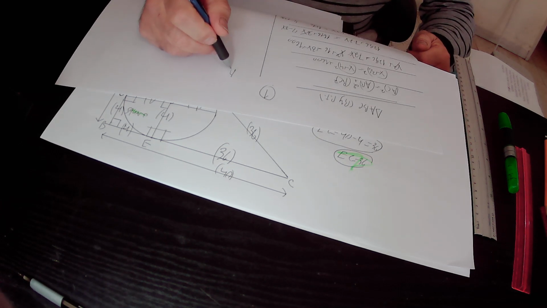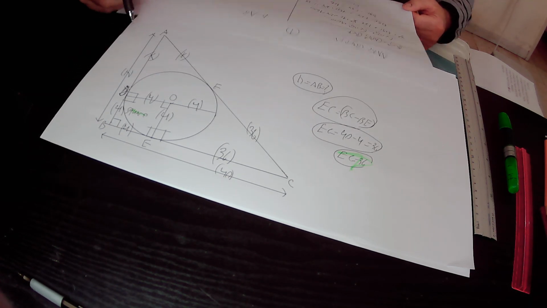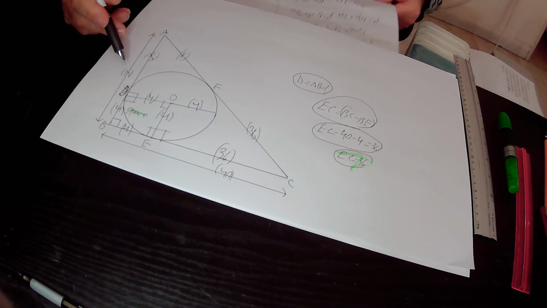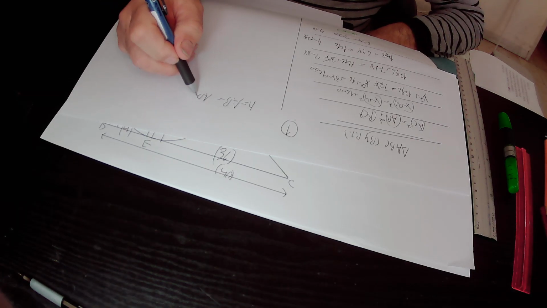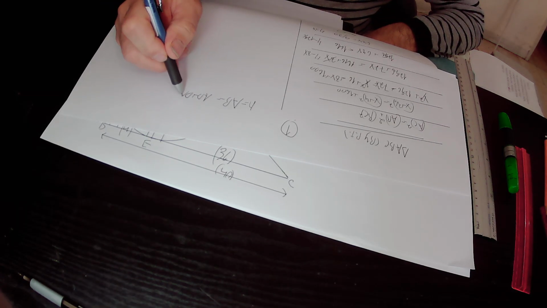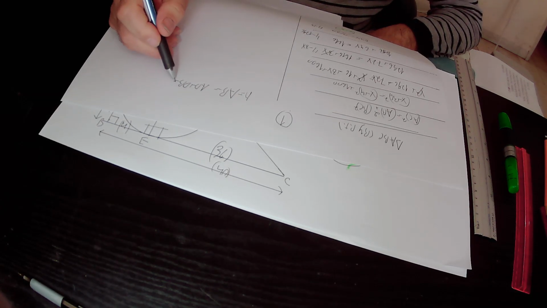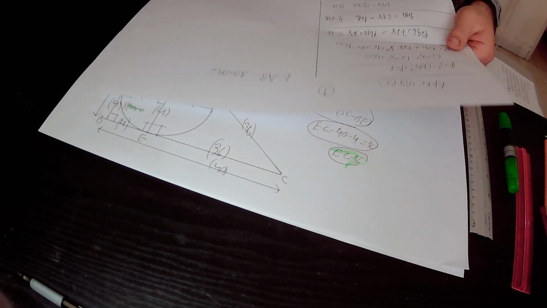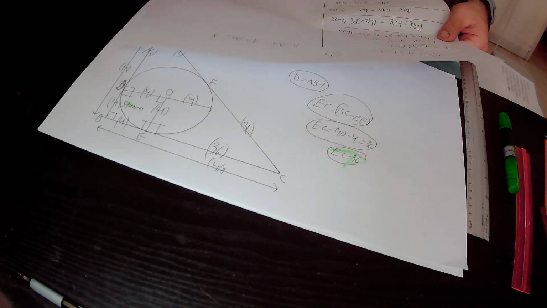The right edge of the right triangle ABC is AB, and in total AB equals AD plus DB. AD is x plus DB is 4.